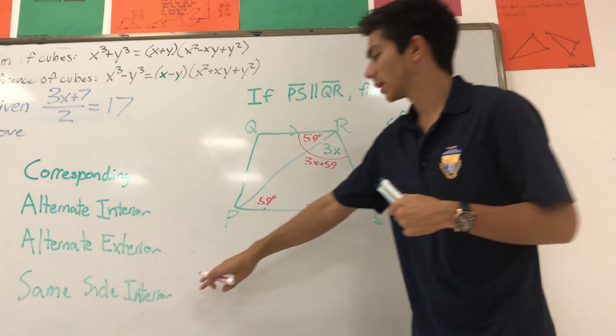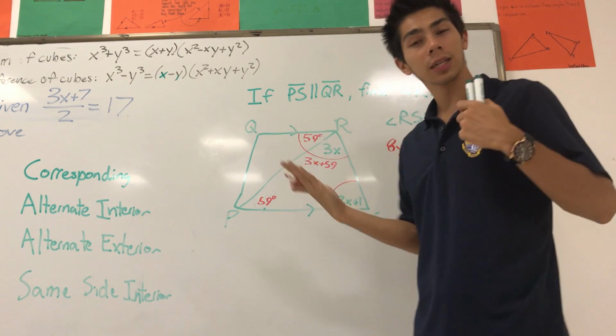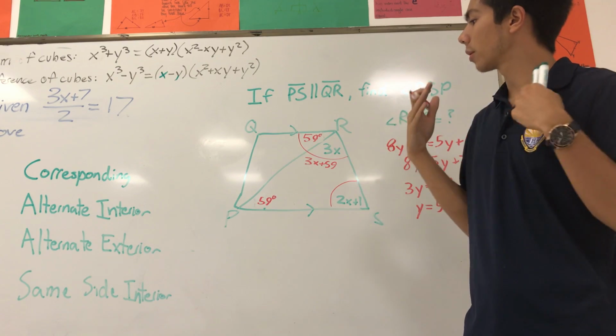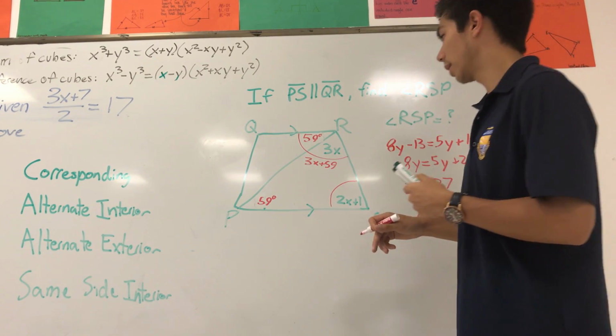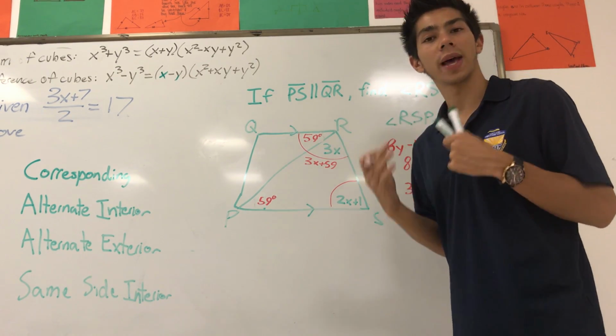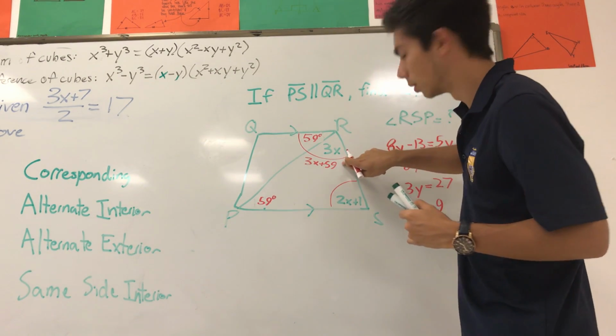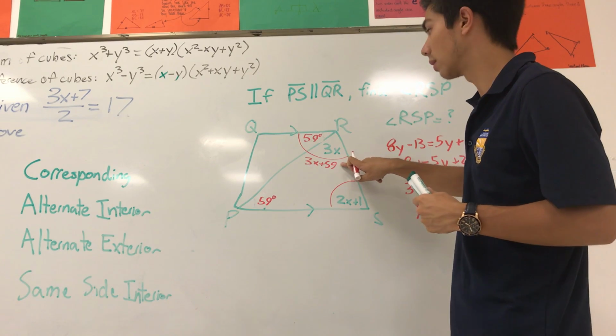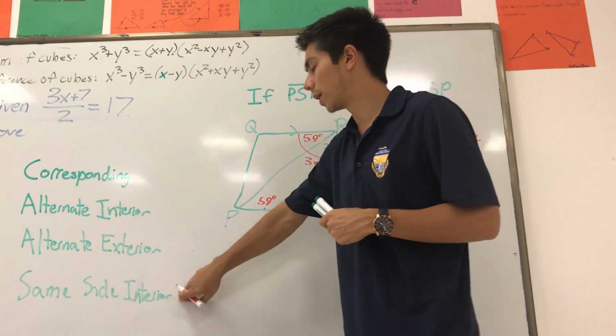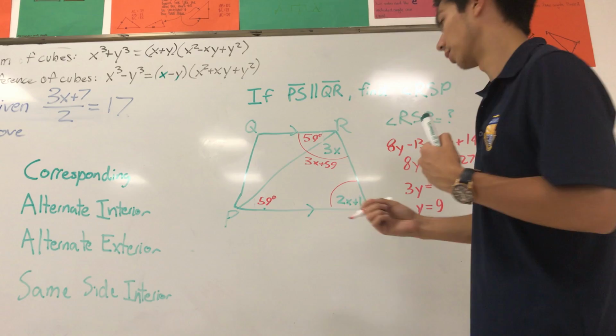Knowing that, same side interior angles are actually not congruent, they are supplementary, so they're going to add up to 180. So the way that I transfer that into algebra is saying that this angle plus this angle should give me 180. That's the definition of supplementary, and that's what it means when they're same side interior angles.